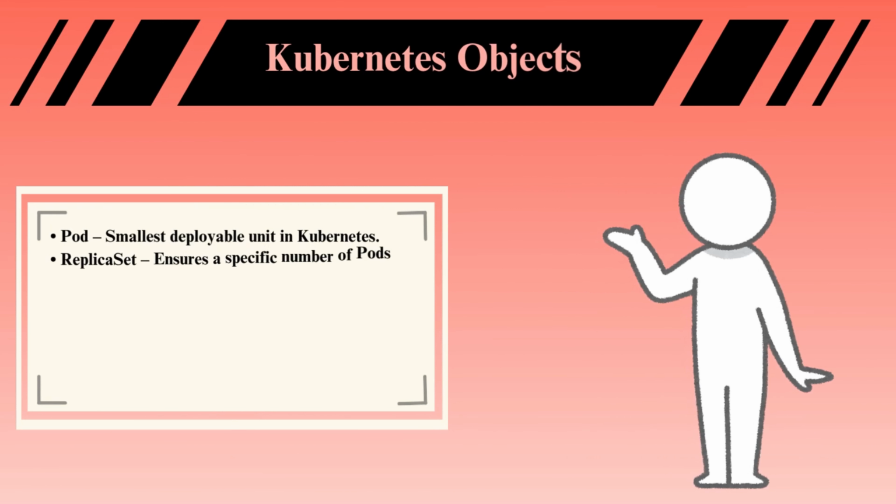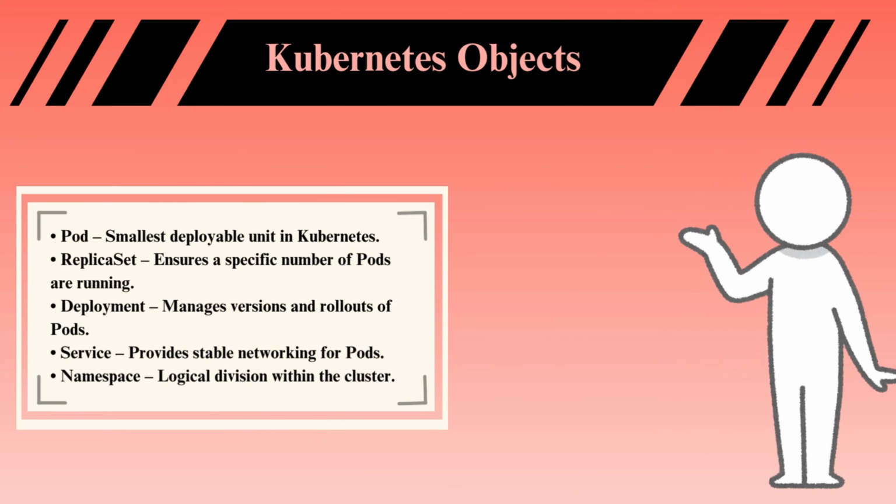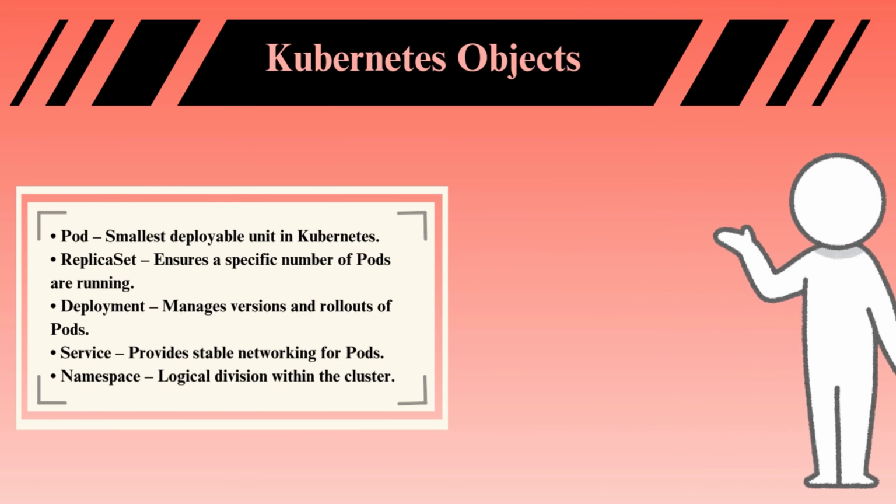Now, let's look at the most important Kubernetes objects you will use daily. Pod: the smallest deployable unit, runs one or more containers, for example an Nginx pod. ReplicaSet ensures a certain number of pods are running. Deployment manages updates and versions of a pod.